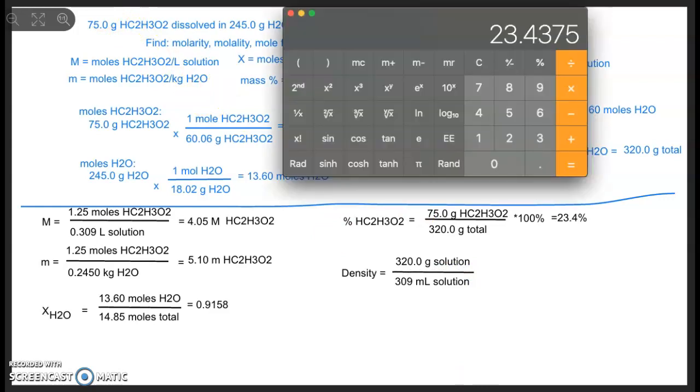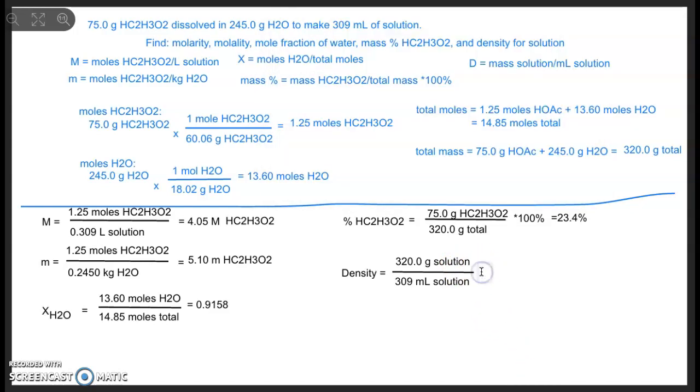And so 320 divided by 309 is 1.04 grams per milliliter, our density.